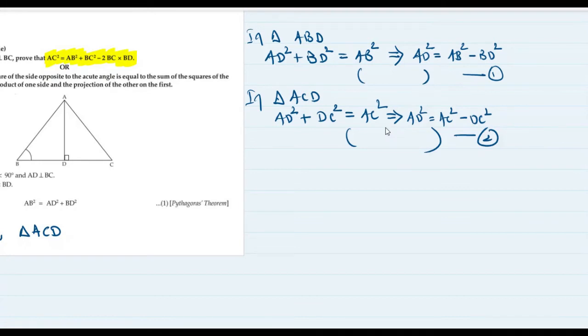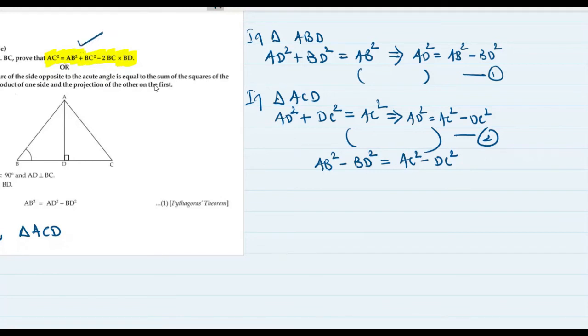Now we just equate the values of AD square. So AB square minus BD square is equal to AC square minus DC square. We have just equated both the values. Now again, look at what you have to prove.